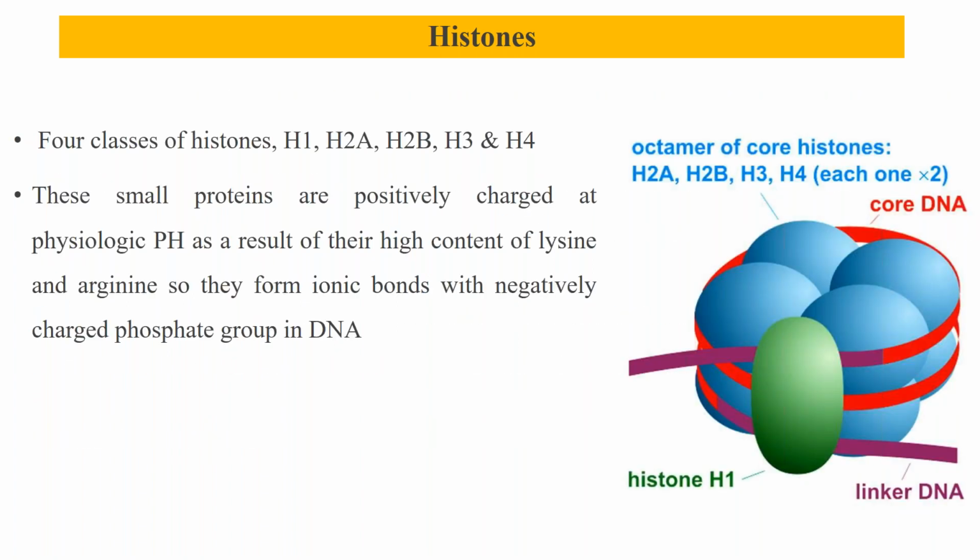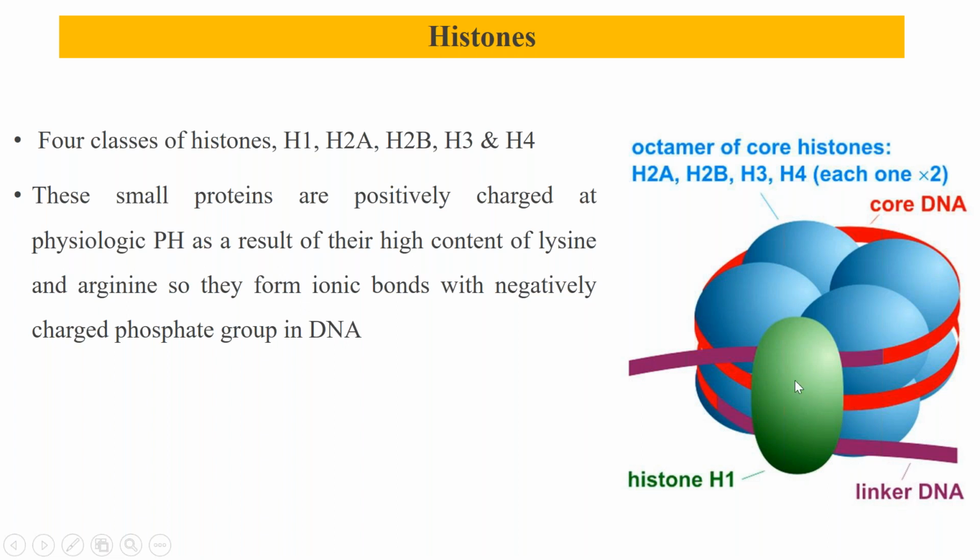As you can see in this figure, these blue balls are the octamer core of histones H2A, H2B, H3 and H4. Each one is in a pair. And around this is the DNA, a ribbon kind of thing, red and purple, which is wound around the histone proteins.